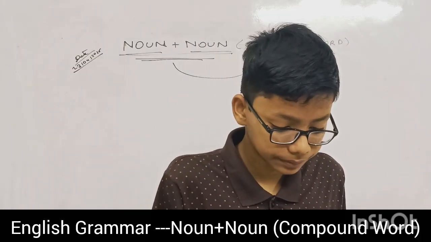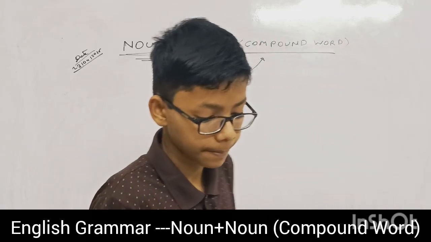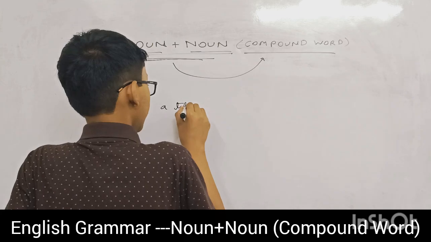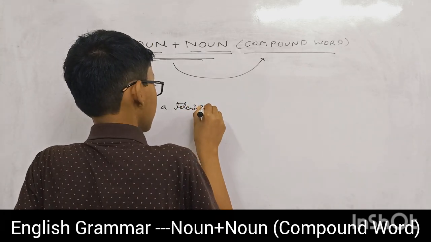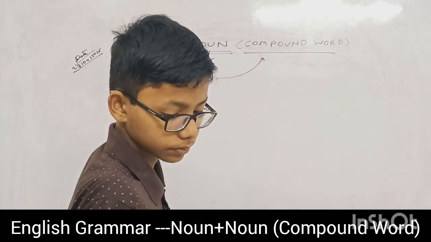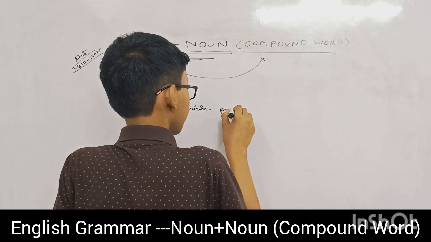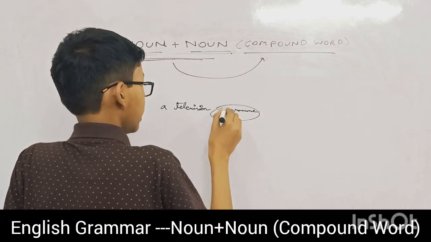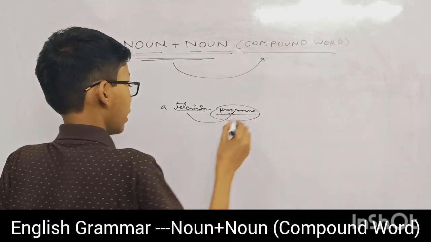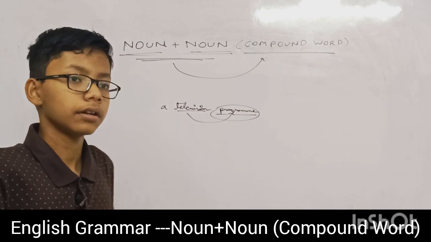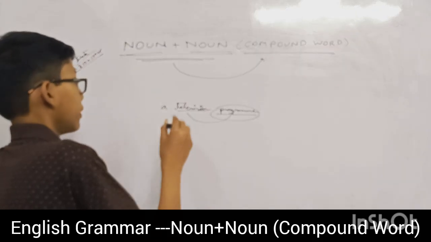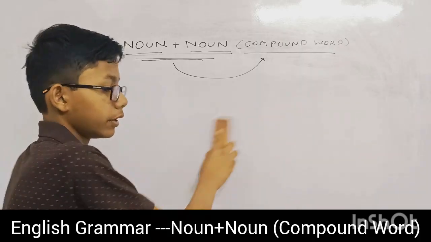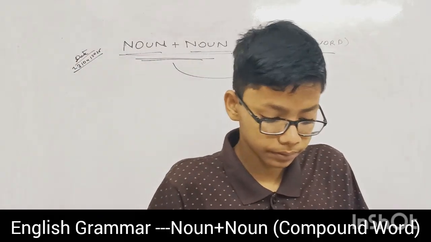Some examples. Television describes program as it is a program that can be watched on television. Pretty simple. The first noun can be used as an adjective.